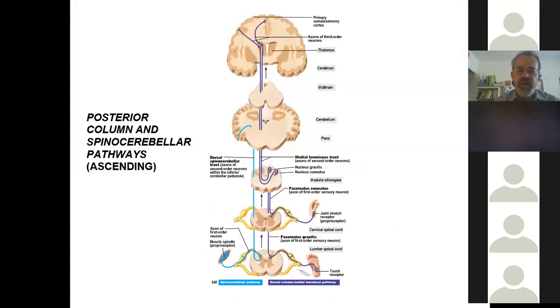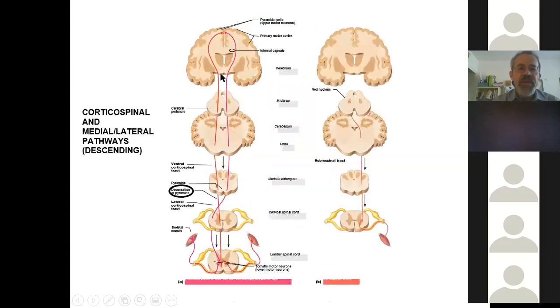This is just a picture showing, I'm not going to ask you any details of this, but you can see these nerves are going up, they're both going up. And these are pictures showing nerves that are going down. Now, one of the things I wanted to mention is that in these pathways, you notice where the nerves that are coming down, for the most part, they stay on the same side.